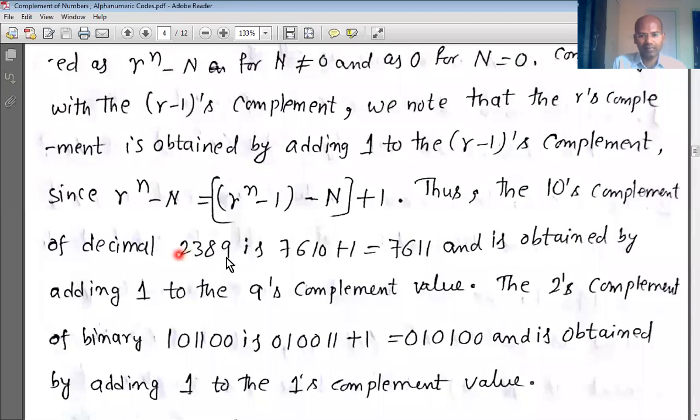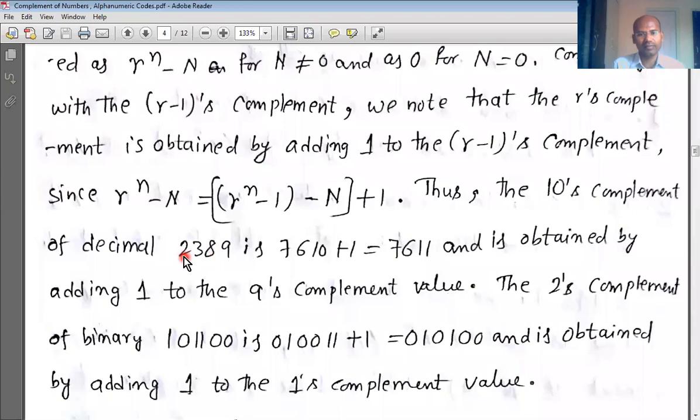Since there are 4 digits, you have to subtract this number from 10 power 5, which is 10 power 4 plus 1. 10 power 5 means 1 and 5 zeros. Then the result is our answer. The idea is this.